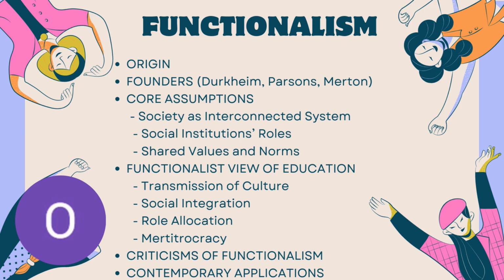Number three: justification of the status quo. Functionalists have also been criticized for providing a justification for the status quo and for legitimizing existing social inequalities and power structures. By emphasizing the positive functions of social institutions and practices, and by viewing them as necessary for the maintenance of social order and stability, functionalists may inadvertently provide a rationale for their continued existence even when they are oppressive or unjust.